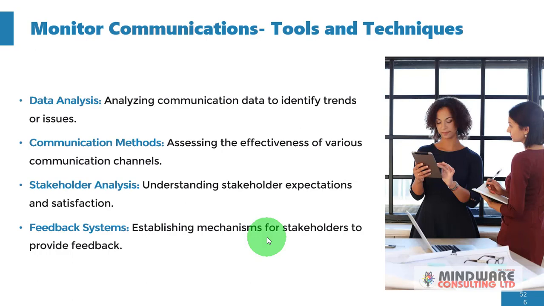It's not a monologue. So when information goes out to a particular stakeholder, feedback is necessary, and that feedback must be monitored for what it contains. That could help in making necessary changes and adjustments, and also even adapting to changes where necessary.